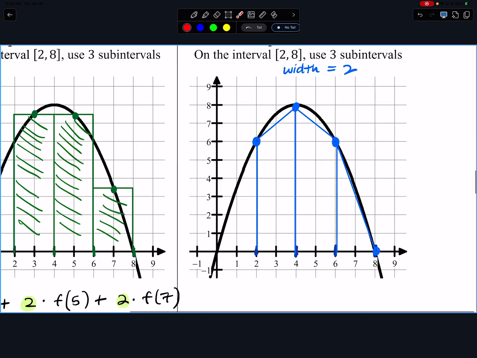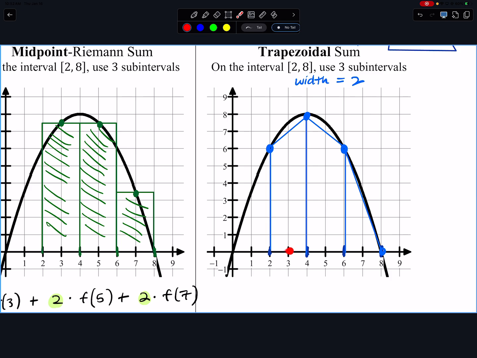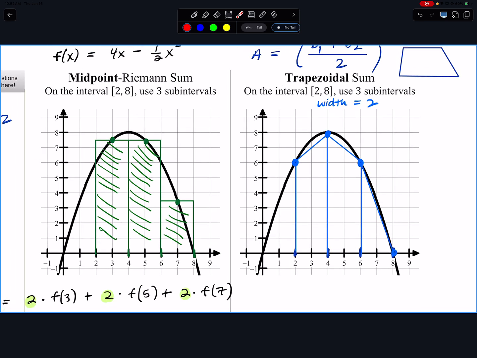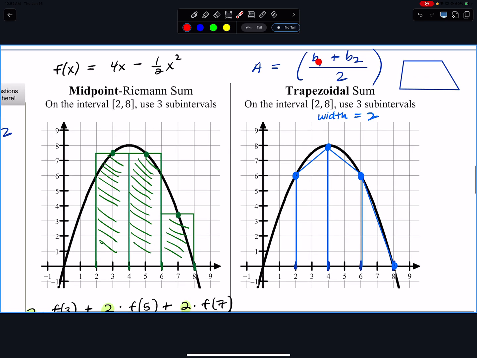All right, so how do you use the formula to do this? This is what I want you guys to understand. Do you guys agree that the width is still 2 for all these? So it's going to be 2 times base 1 plus base 2 divided by 2. We have 2 different heights, right?